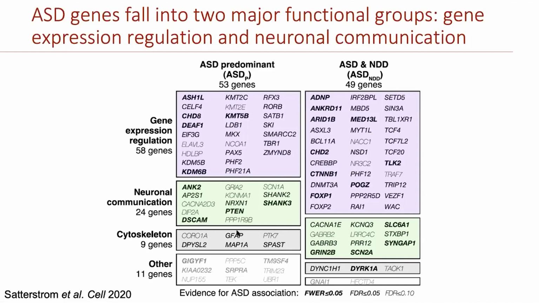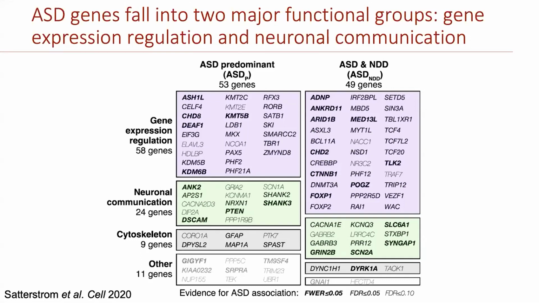Cytoskeleton has emerged from this, shown in gray. And then there's another group in white where we're looking at autism alone. We don't really see a clear pattern. But if we do this statistically, if we look at gene expression as a gene function using, say, Panther or gene ontology, we find these signals of gene expression regulation, neuronal communication, and cytoskeleton come out.